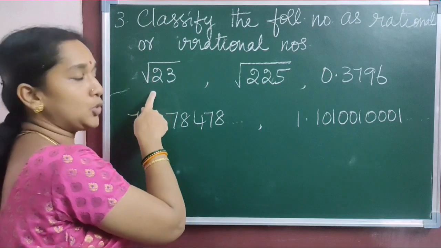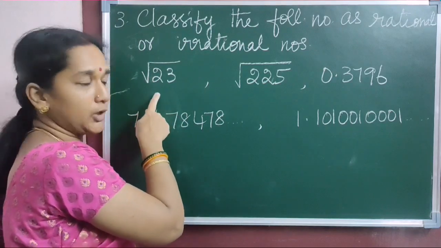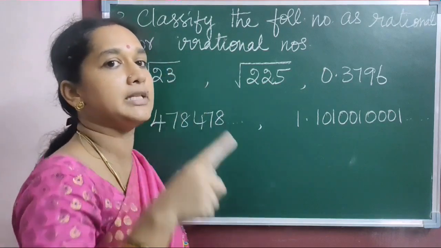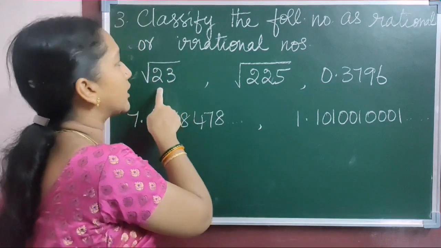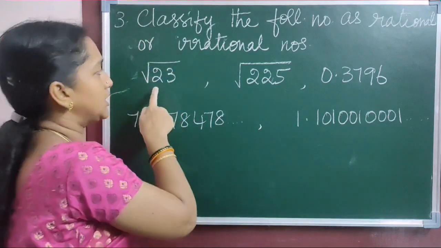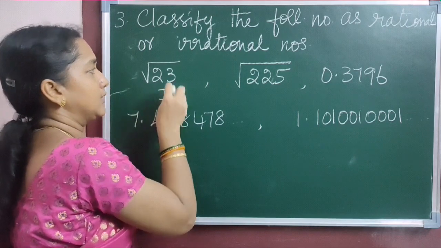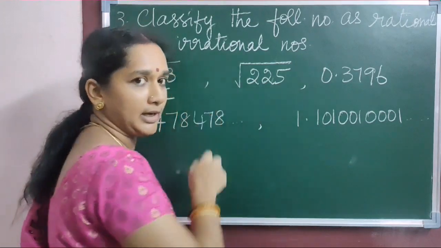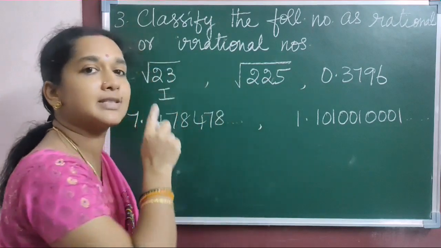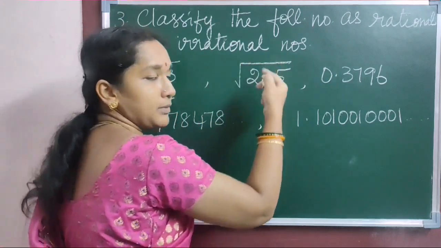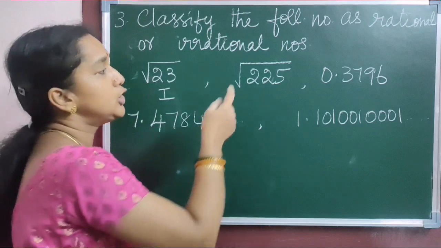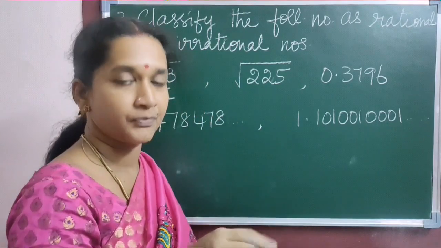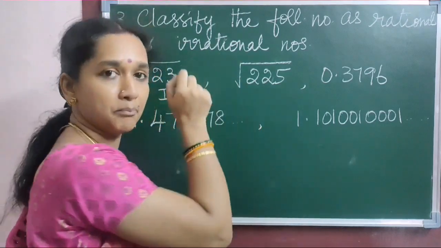When you find its square root, it will be non-terminating and non-recurring. So root 23 is an irrational number. Root 225 is 15 squared, so when you bring it out of the root you get 15. So it is a rational number.